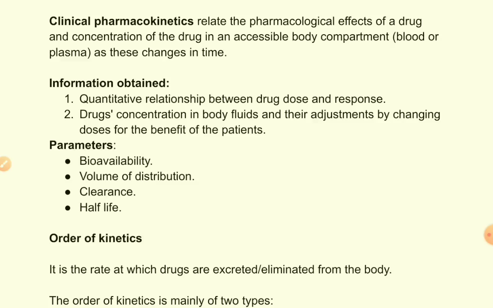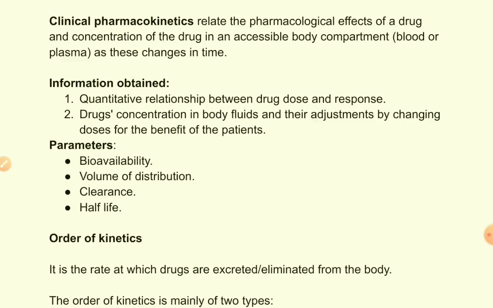In clinical pharmacokinetics, we need to perform some calculations on doses of drugs in order to achieve a certain plasma concentration of a drug. Okay, so now let's see the parameters. What are the things we actually measure in clinical pharmacokinetics?